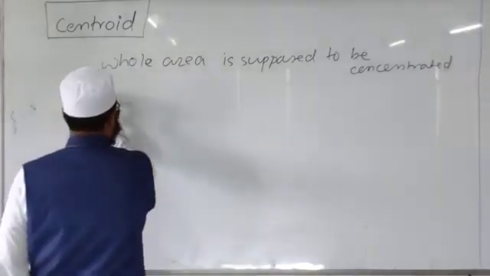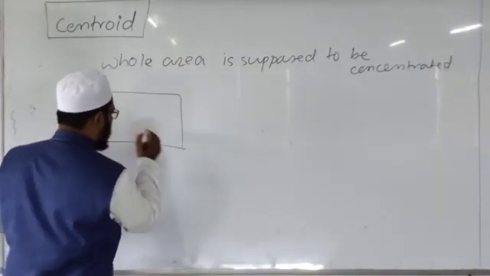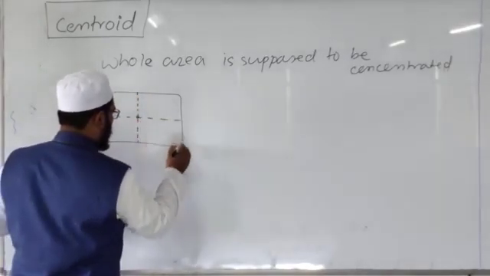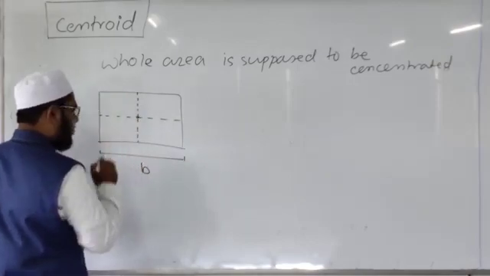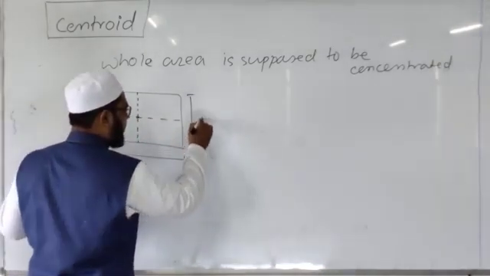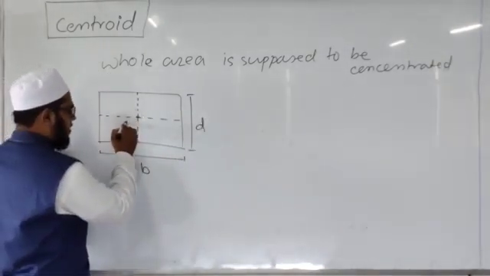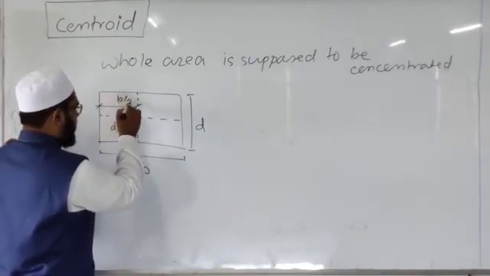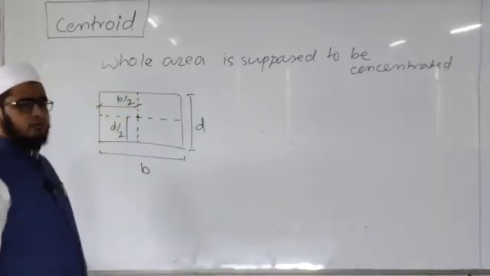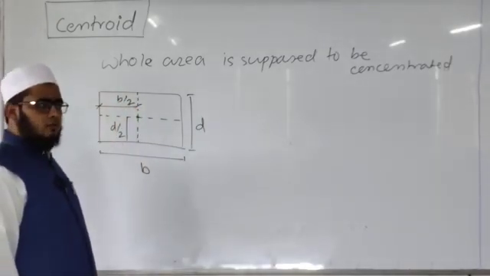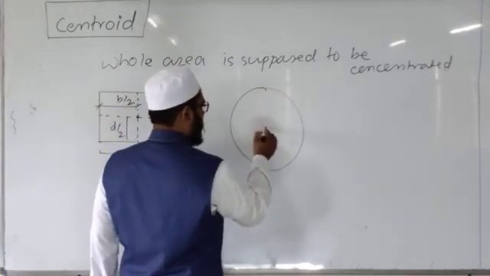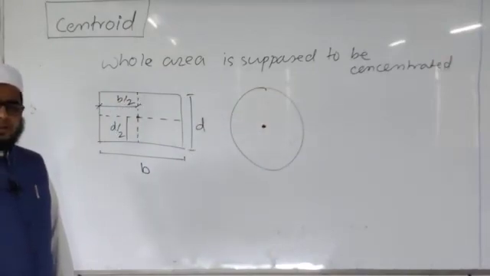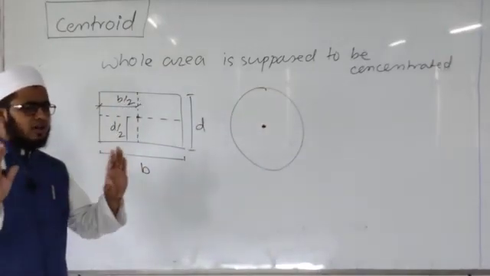For example, if it is a rectangle, then in a rectangle we know the midpoint of width B and depth D, so this point, B by 2 and D by 2, is the centroid of this rectangular figure. For a circle, the center of the circle is the centroid of the figure. Likewise, for the standard figures, we all know what the geometric center is.